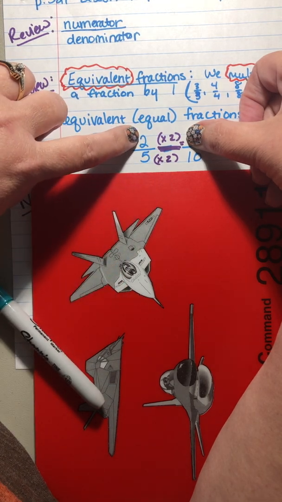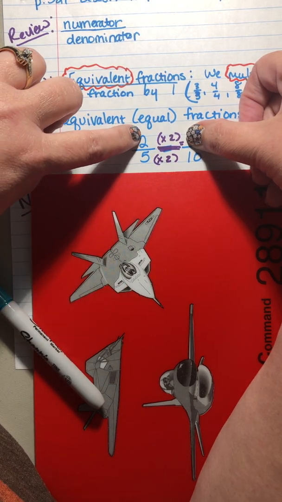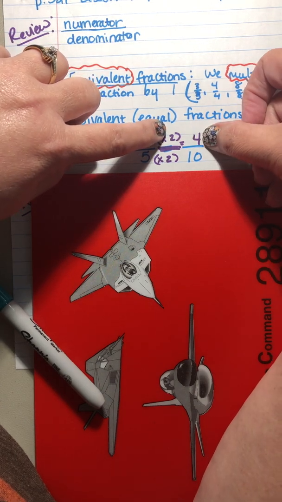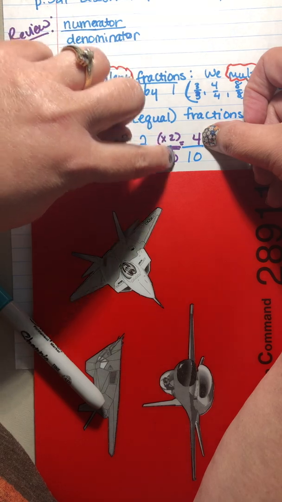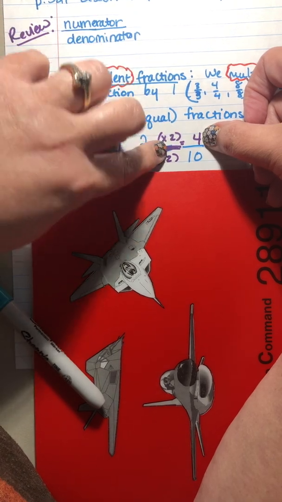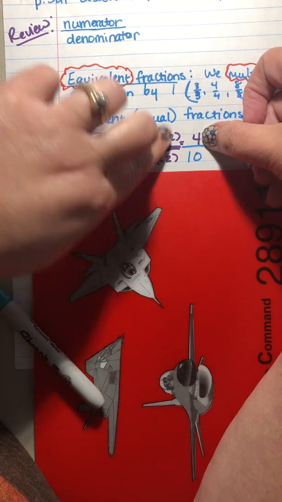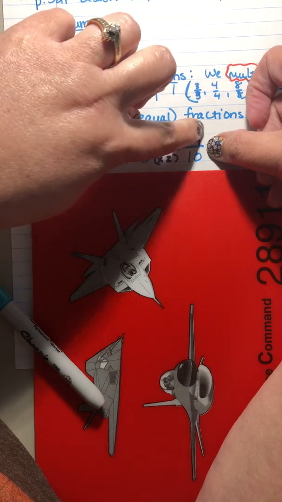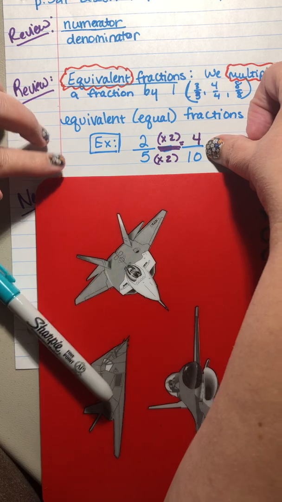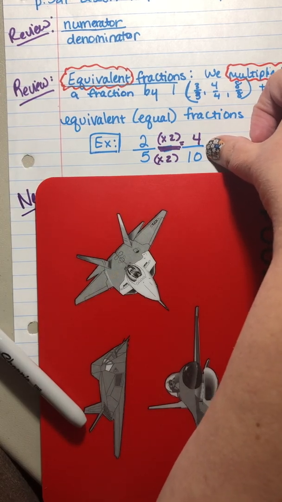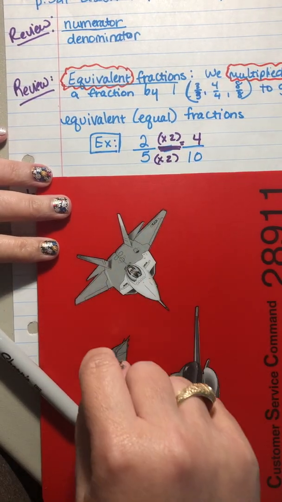So if I multiply my numerator by 2, I get 4. So I took 2/5 and multiplied it by 2 over 2, which we know is equal to 1, and got an equal fraction of 4/10. So that's what we did to get an equivalent or equal fraction.